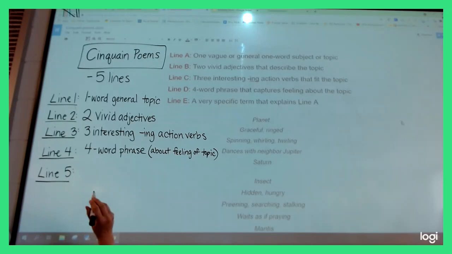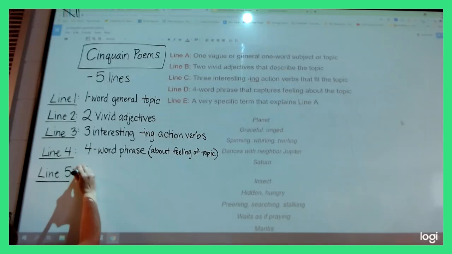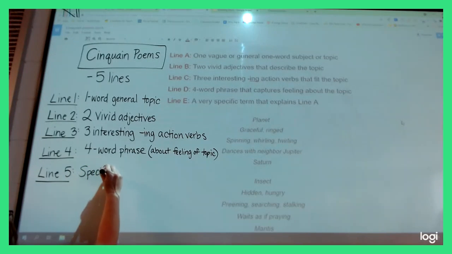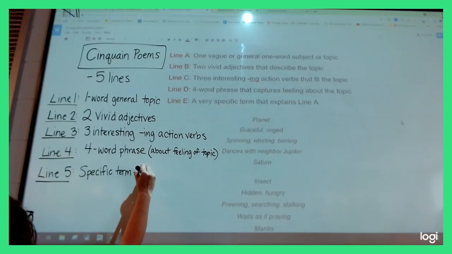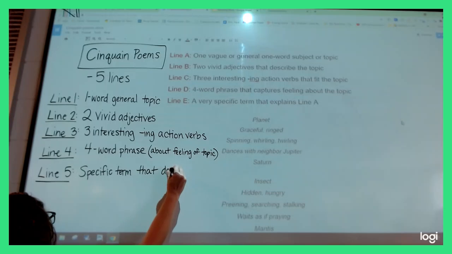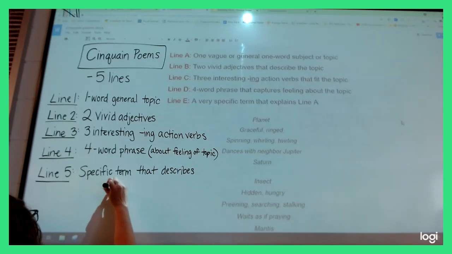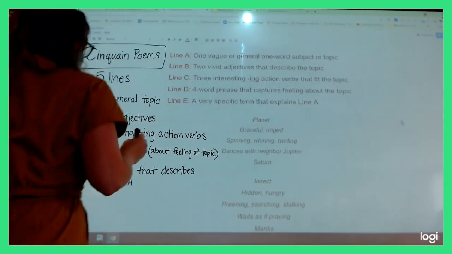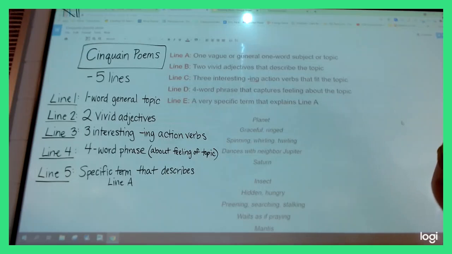Line 5 says a very specific term that explains line A. So a specific term that describes line A. I'll give you a minute to write that, and then I will explain what that means. Give you about 10 more seconds. I see most of our pencils have stopped writing.